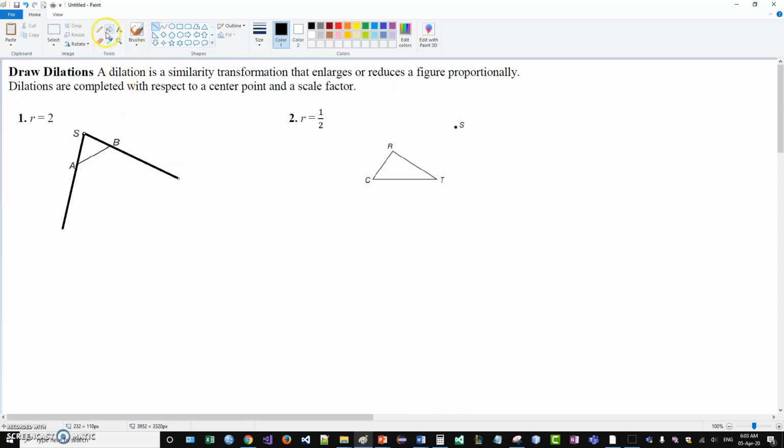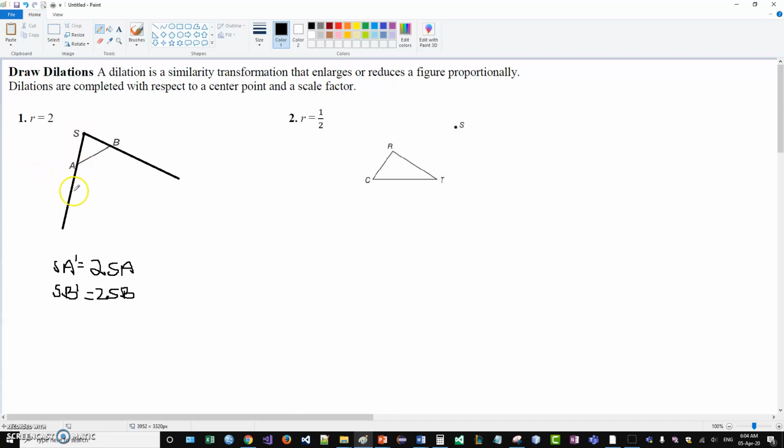Okay, now the factor right here is 2, which means that SA prime equals 2 SA and SB prime equals 2 SB. So it's twice the size.